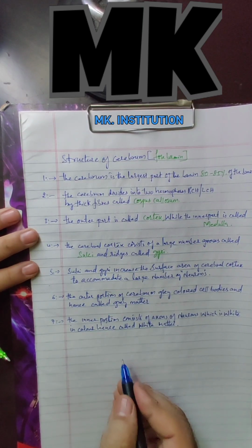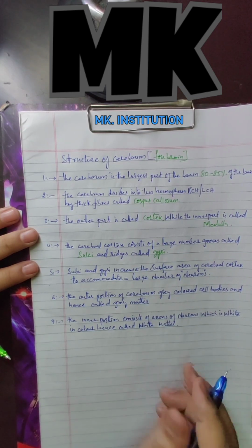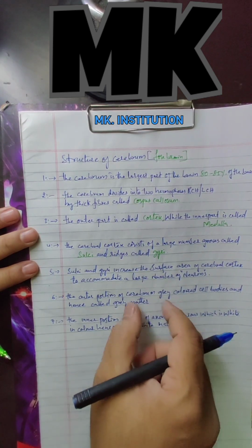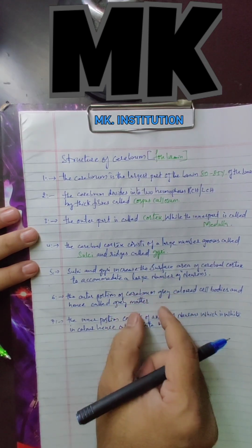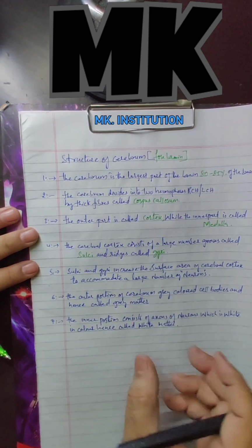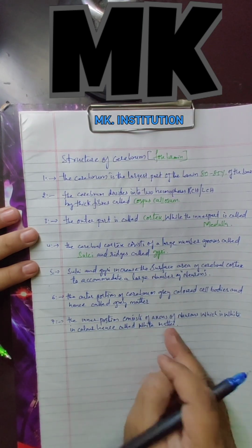Clear. Inside area it will be axons, nerve fiber. A nerve fiber is completely enclosed by small membranes. They are called myelin sheath. Myelin sheath color will be white. So a large number of axons will be inside area and look white in color. So it is called white matter. Clear.